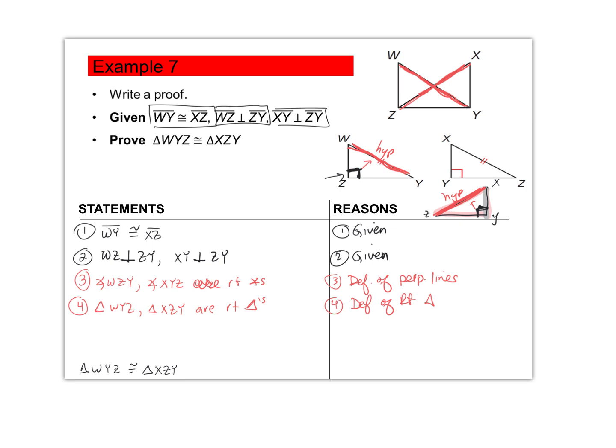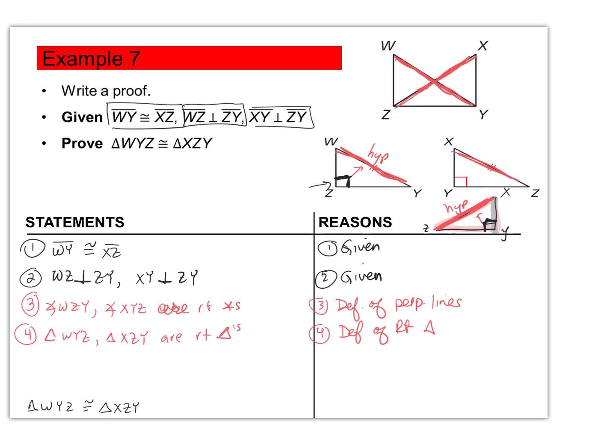Now we know that those diagonals, or those hypotenuses, are equal. So we know these are congruent to each other. And then we look at the next thing they're asking us. They're asking us to prove that the triangles are congruent. So I have the hypotenuse. I know it's a right triangle. And if I could just prove that one leg is equal to the other, I would have enough information to prove this.